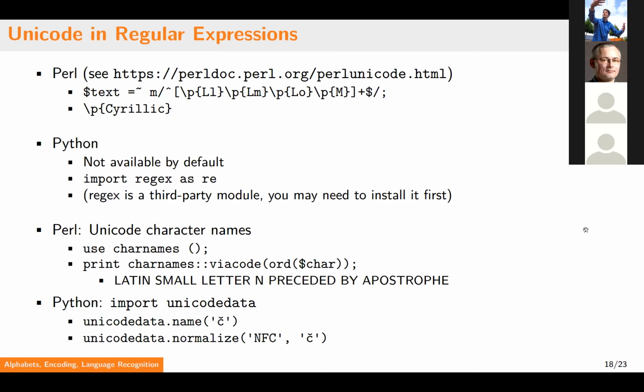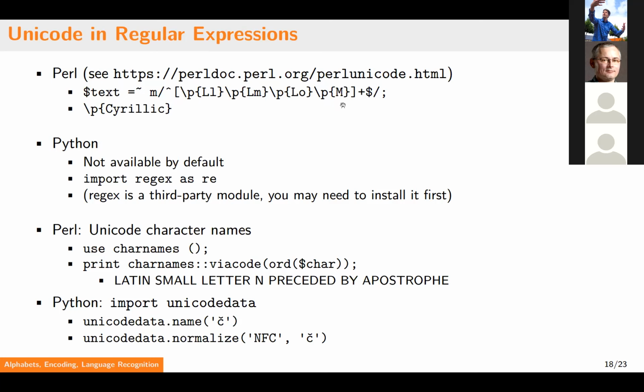So fortunately, it is possible to query the character categories in regular expressions. So I have excerpts here of syntax from Perl, which has categories. So there's a backslash p and then L means letter, and Ll, I think, means lowercase letter, and there's letter modifier and letter other.